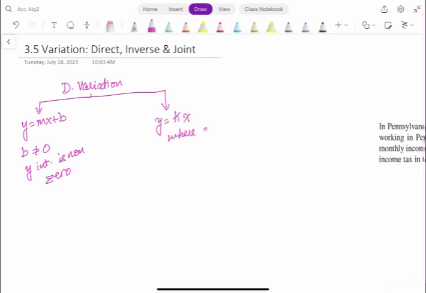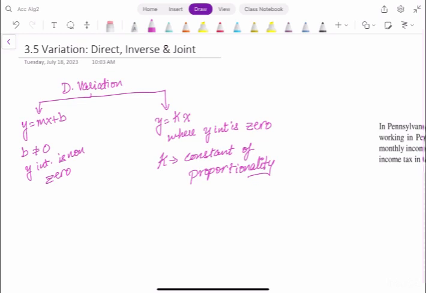Understand, with direct variation, it is always the product, right? With the x and the constant. So y = kx is where the y-intercept is 0 and k is nothing but the constant of proportionality. So remember, direct variation is a product.